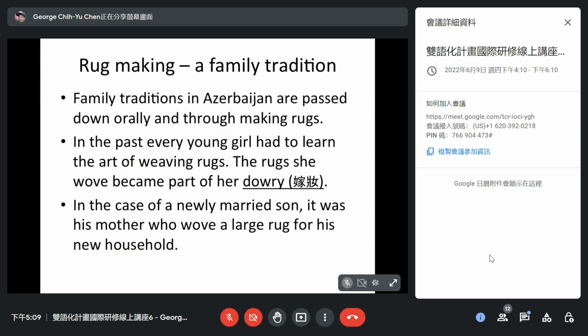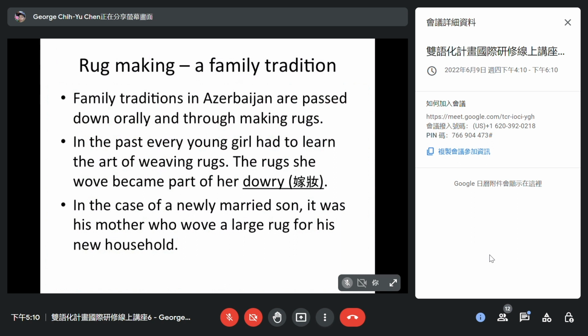It was really a family tradition that was passed down orally and through making rugs. So a lot of symbols and stories are woven into the rugs, and these rugs are passed down to the next generation. So in a sense, the tradition is passed down.